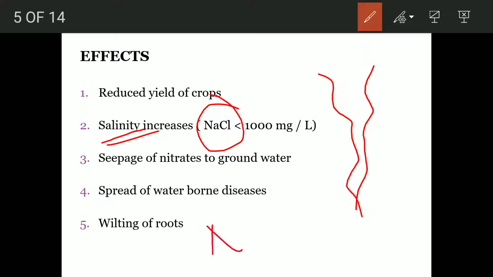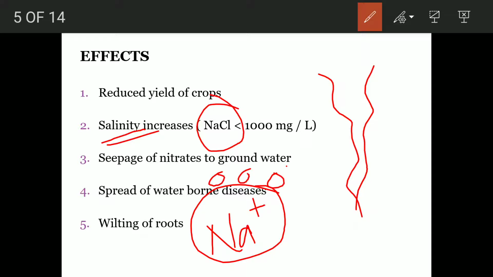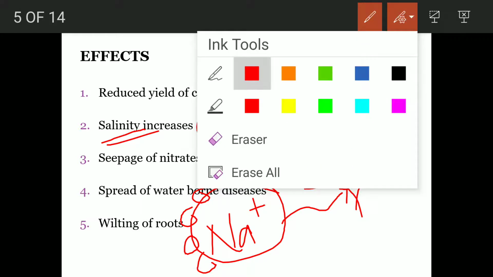Imagine in water the sodium ion will be present, and that will accumulate or absorb more water molecules to it. Thus it will become a very large molecule and this will block the root membranes. Thus, the intake of sufficient water or air is not possible through the roots. This causes the wilting of roots.